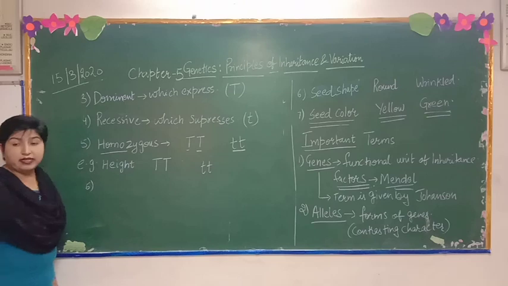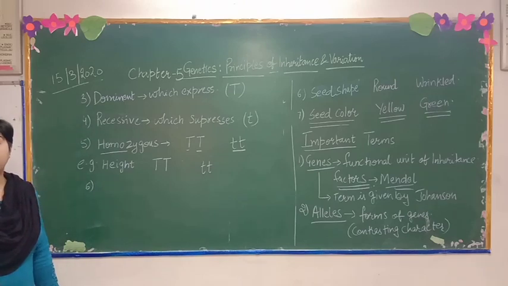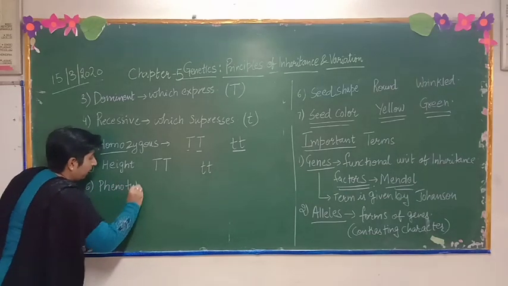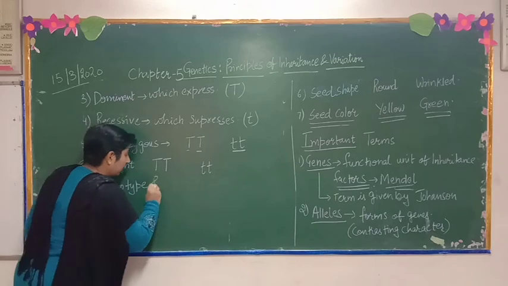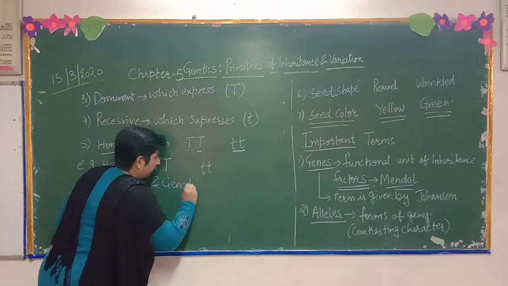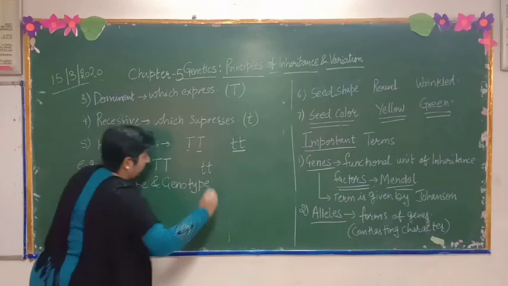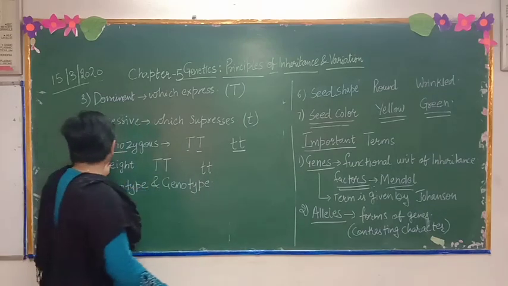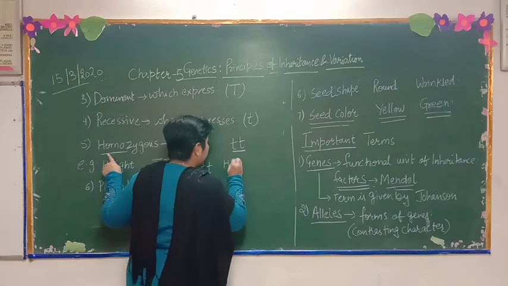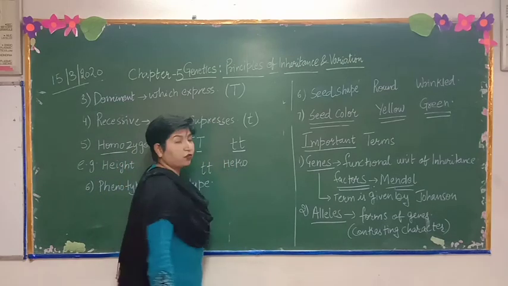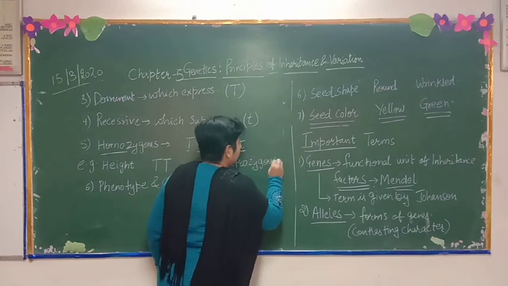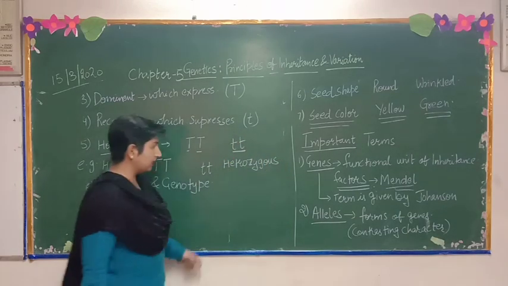Next we have phenotype and genotype. Before we do phenotype and genotype, there is another term that we have to know. This is called heterozygous condition. So what do we mean by heterozygous?